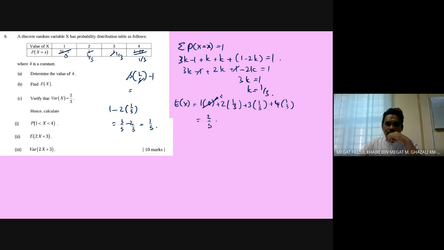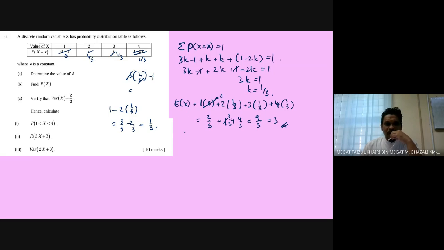So you got 2 over 3 plus 1 plus 4 over 3, expected of x equal to 3. 2 over 3 plus 3 over 3 plus 4 over 3. So 2 plus 3 equal to 5 plus 4 equal to 9 over 3, which is equal to 3. And then verify that variance of x is 2 over 3.